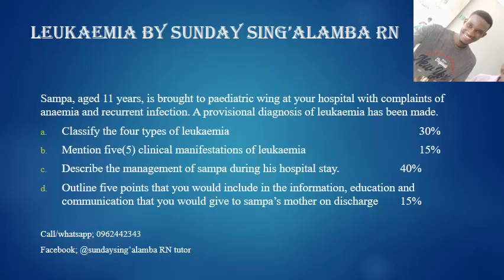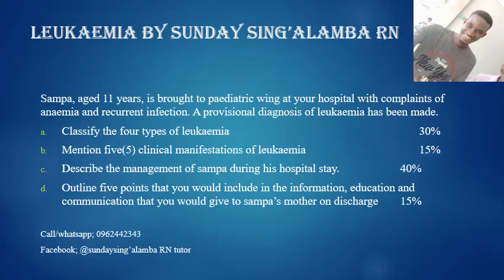Then the second type is chronic myelocytic leukemia. Basically, this one is a chronic form of leukemia that typically affects the myelocytic cells. The other name for chronic myelocytic leukemia is chronic myeloblastic leukemia.